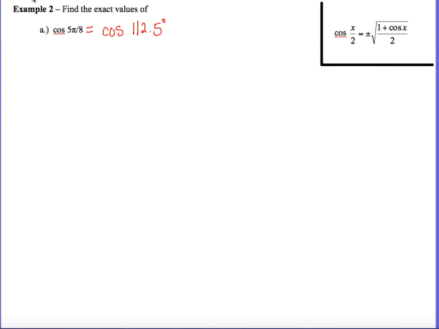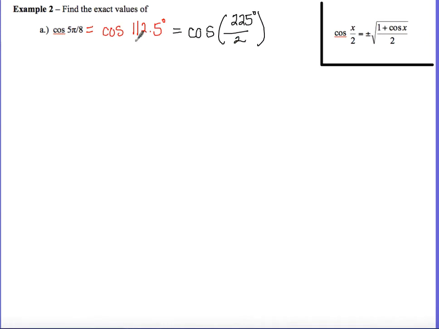However, when we think about that, what I know is that if that's the cosine of 112.5, double that. Now, sometimes that's weird for people because they say this is the half angle. Why am I doubling it? Remember, that means this is half of some nice angle. So if I double this, I find out that this is the same as 225 degrees divided by 2.